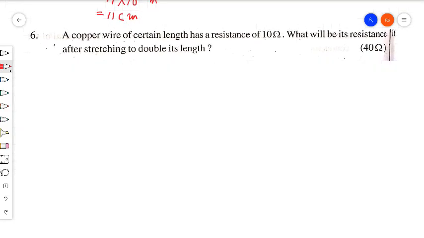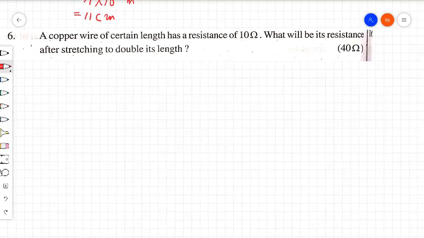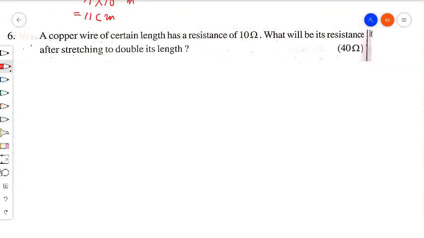So question number 6. A copper wire of certain length has a resistance of 10 ohms. What will be its resistance after stretching to double its length? Here you have a copper wire.